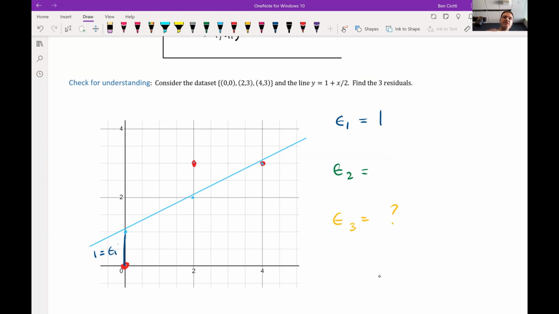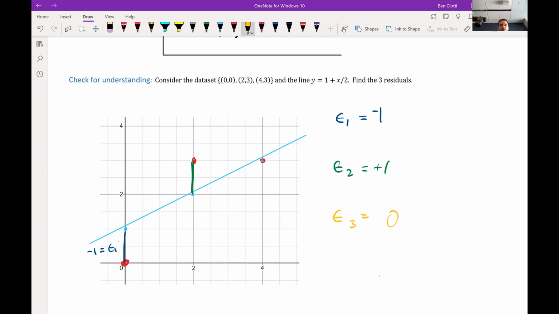The vertical distance between the second point and the line is also 1, actually. Or actually, you know what? I guess technically epsilon 1 would be -1. Sorry. It actually doesn't matter whether it's negative because we're going to end up squaring it later. But just to be technically correct, it's -1, whereas epsilon 2 is +1, and epsilon 3 is, someone tell me what epsilon 3 is? 0.